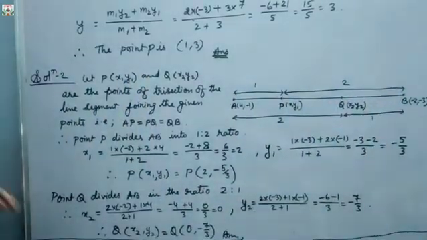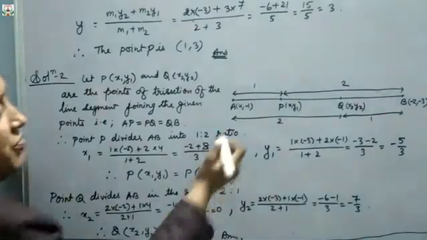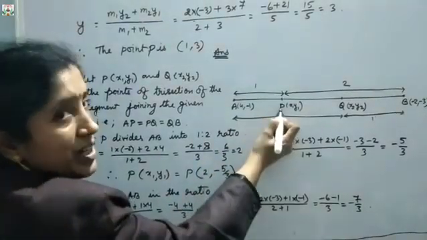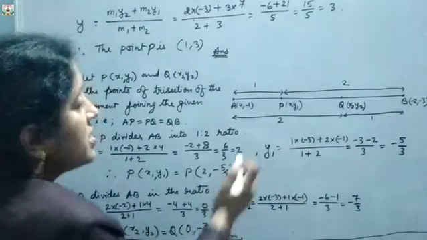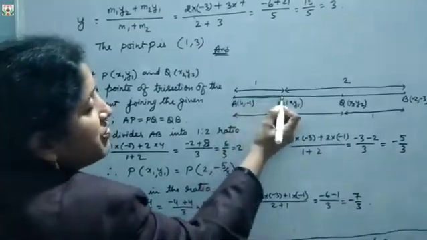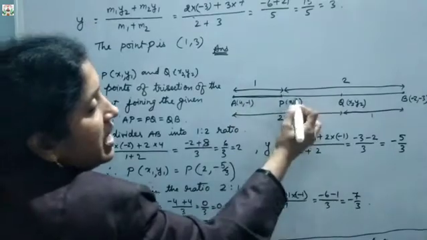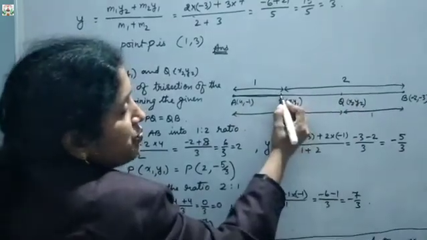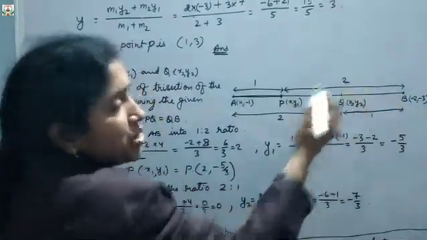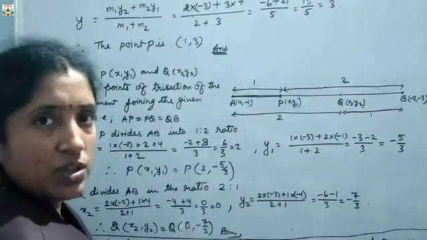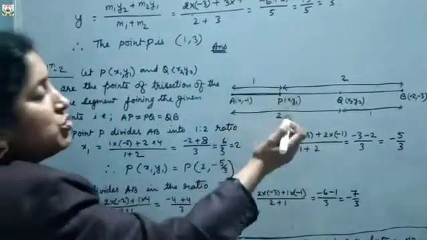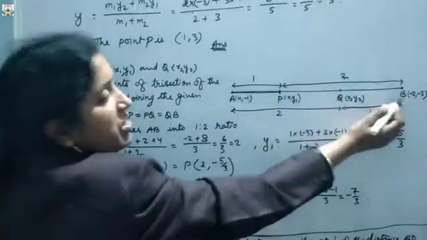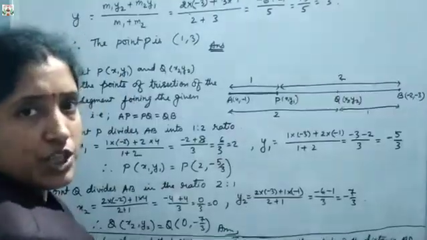So the ratio will be what? If we are considering this P point which divides the line into 3 parts, then the first part will be from here to here, it will be 1, and the second part, that is P to B, will be how much? 2. Clear? Because Q is included in it. So this distance from P to B will be 2 ratio.